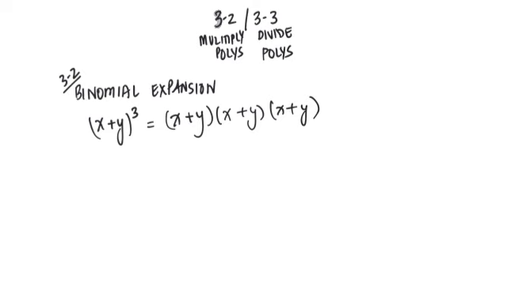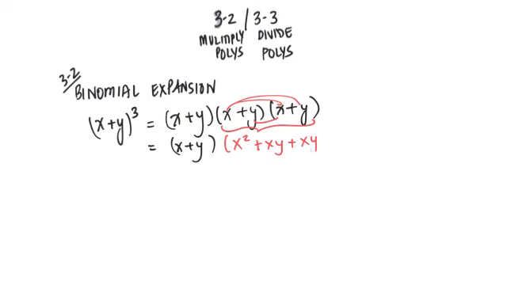And we can do it this way. We can just first multiply these two. So we get (x + y) times (x squared + xy + another xy + y squared). And I can put those two xy's together in the middle to make 2xy.